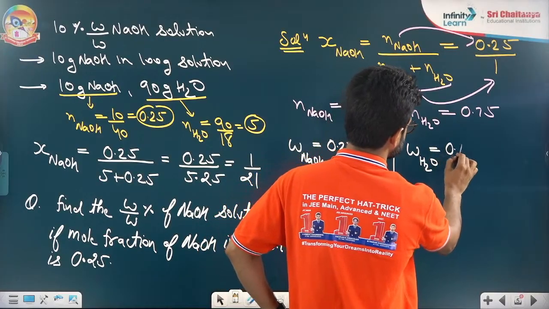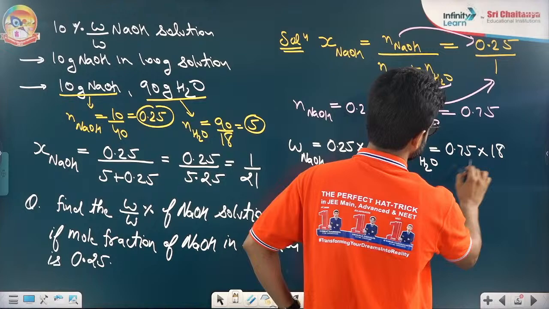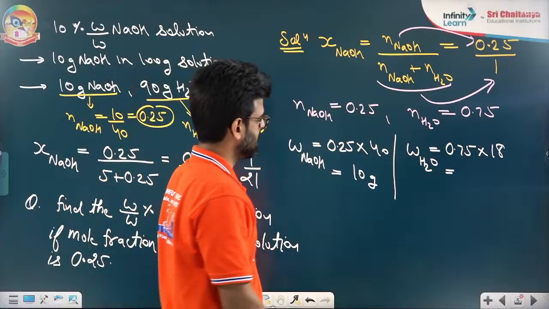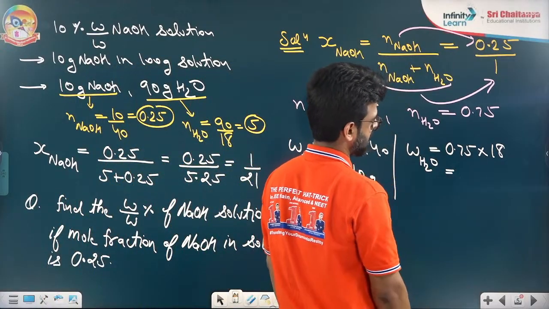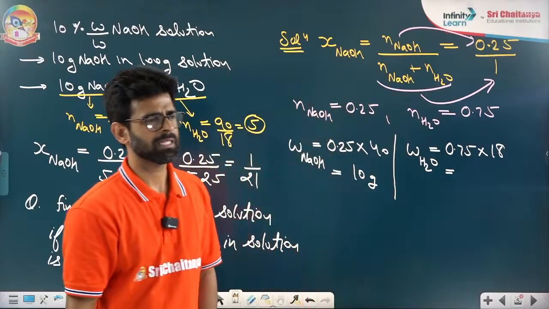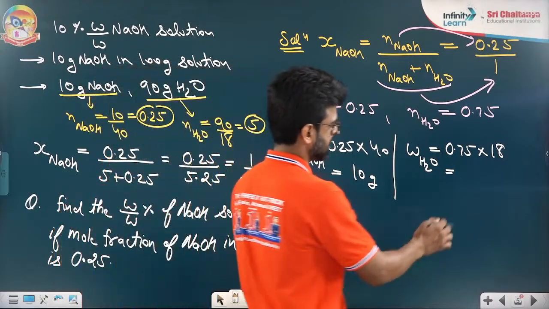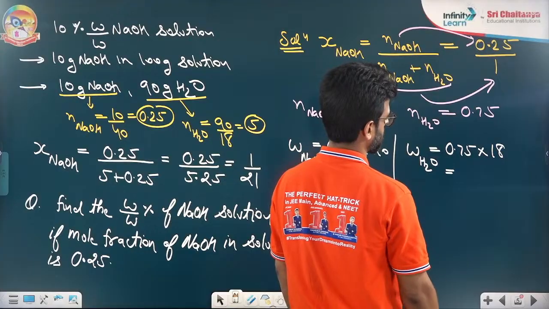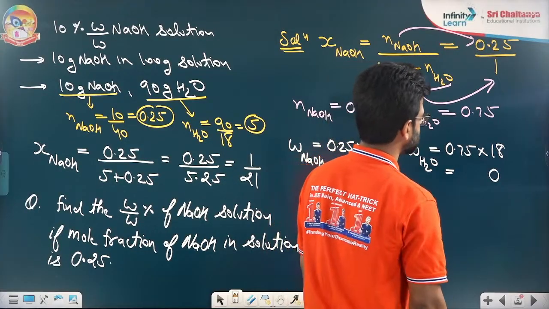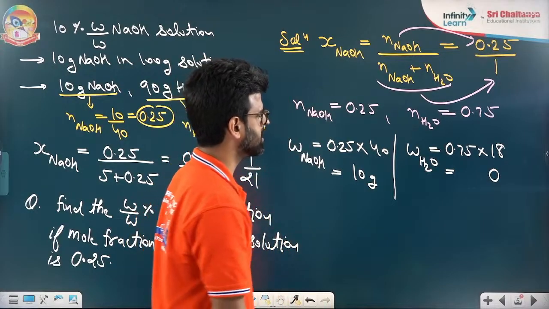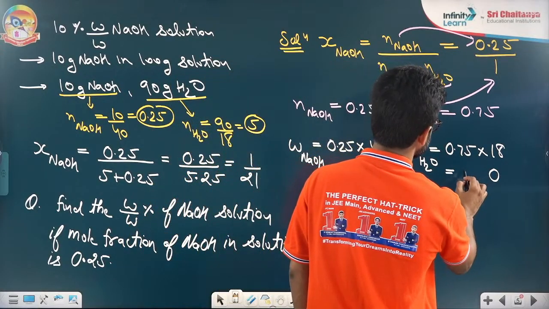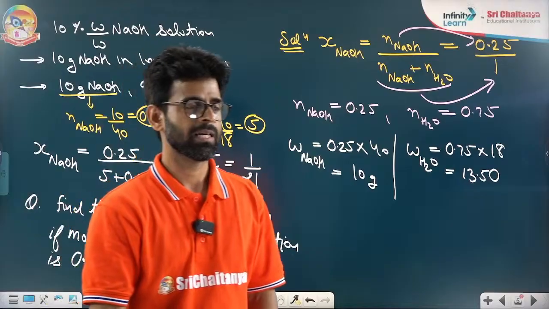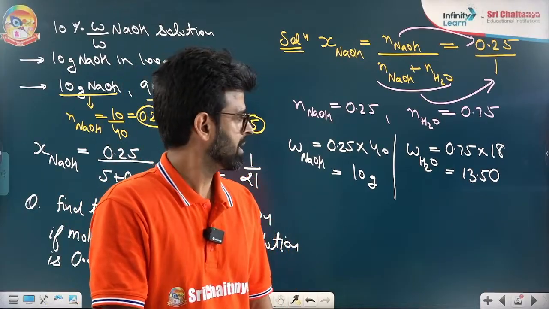It's 0.75 into 18. 3 by 4 into 18, 4.5 is 9, 18.7 is 126. So 135 you can say. So it is coming 13.5 gram.